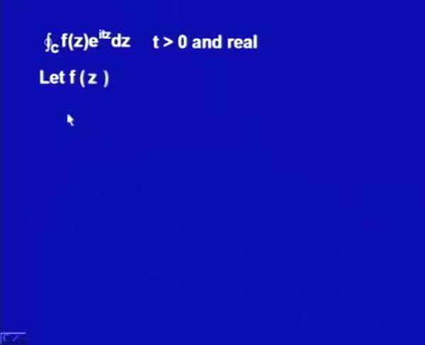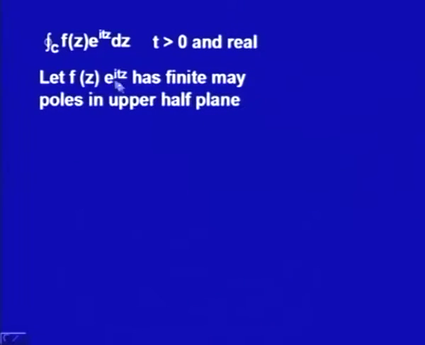Since f(z) is of the form p(z) upon q(z), where p and q are both polynomials and q has no real zeros, q(z) has zeros which are complex numbers. As in the previous method, because q(z) is a polynomial, it will have isolated zeros only.